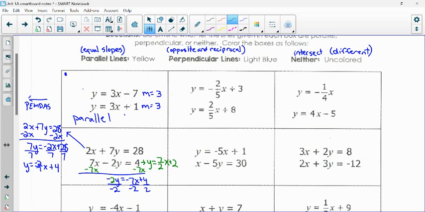So this one has a slope of 7/2. And the top one has a slope of -2/7.